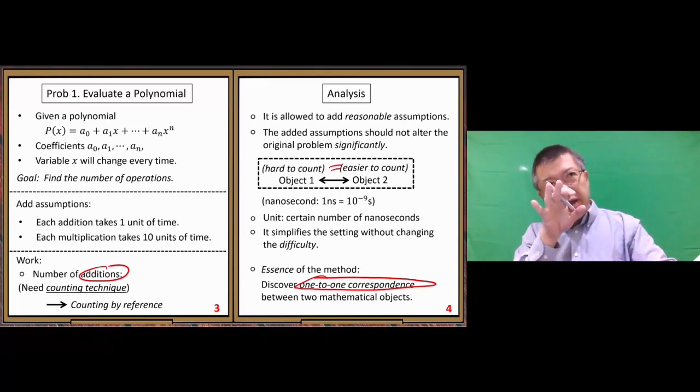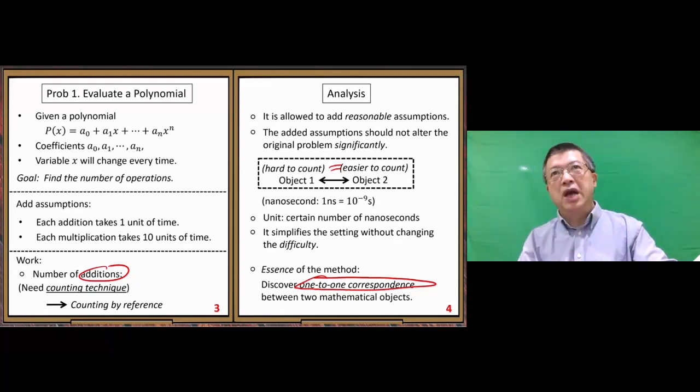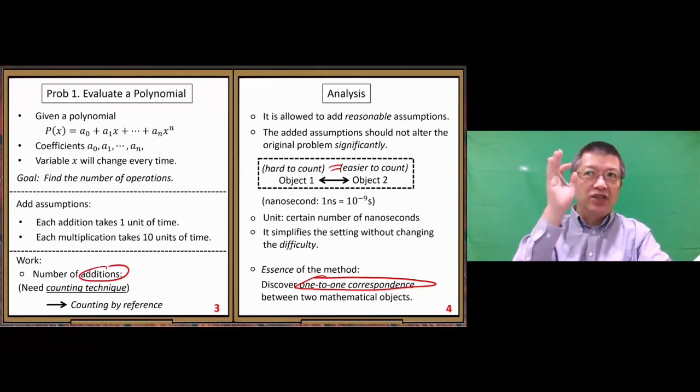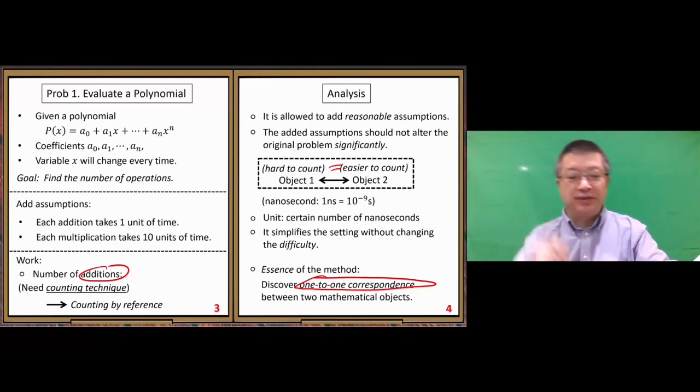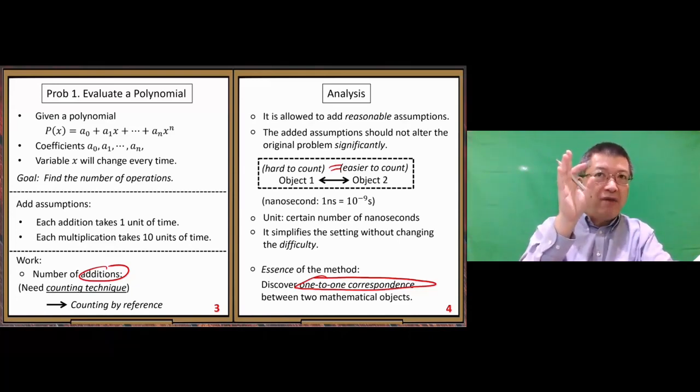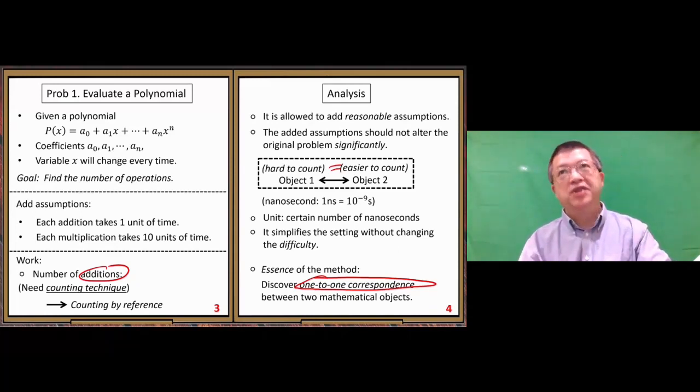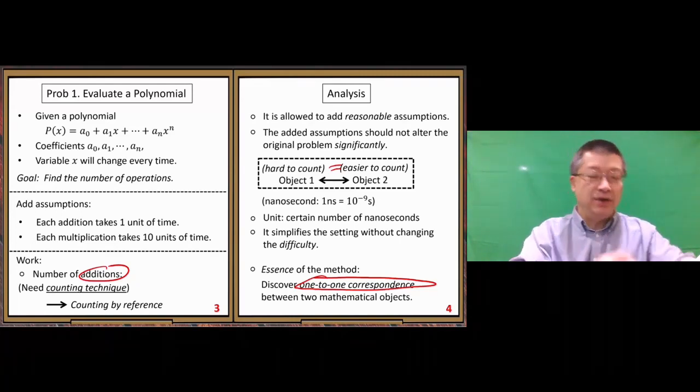But suppose it is not so easy to count directly. Now let's create a one-to-one correspondence with another object. To discover this, you need some sharp insight. Here, let me point that out.